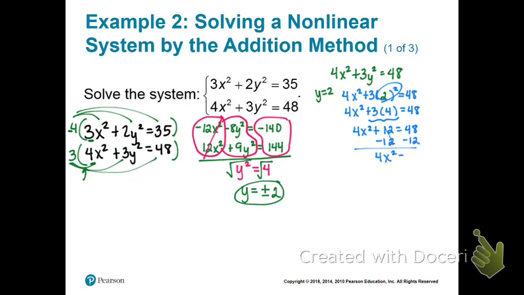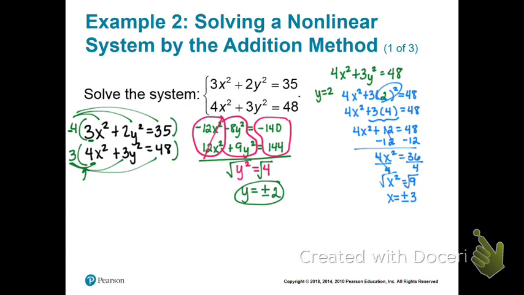So 4x squared equals 36. And divide by the 4. So x squared equals 9. And then what? Yeah, take the square root, and we find that x is positive and negative 3.